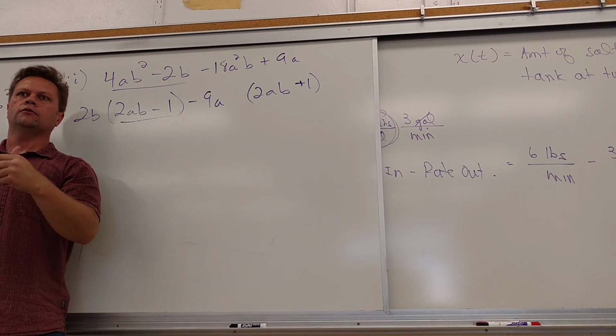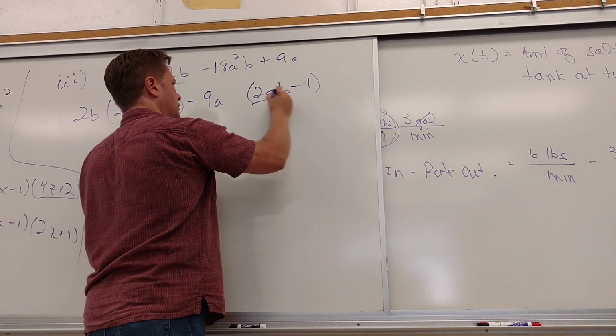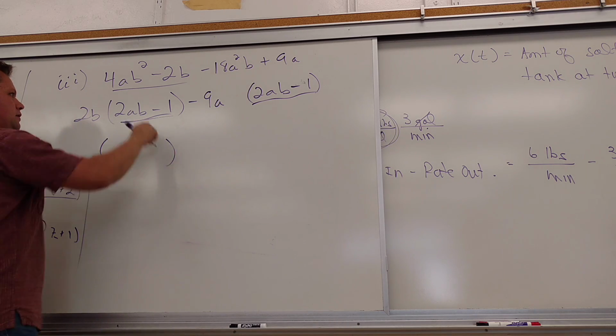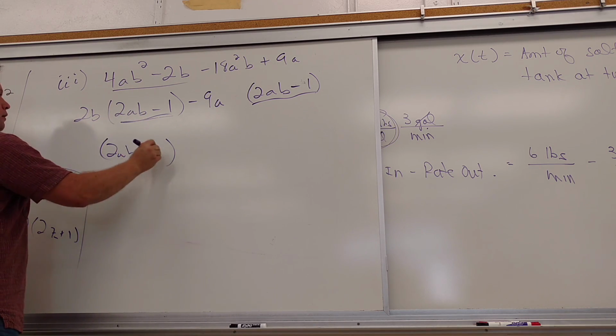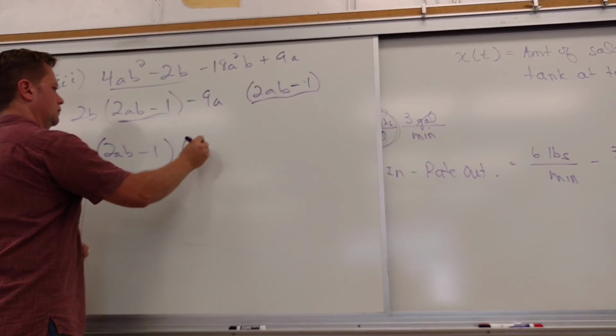No. The next step works if these are the same, then I can take these out. That's the only way it's going to work. If they're not the same, something went wrong, or Jeff made a bogus problem. So what comes out? This. What's left? 2b minus 9.